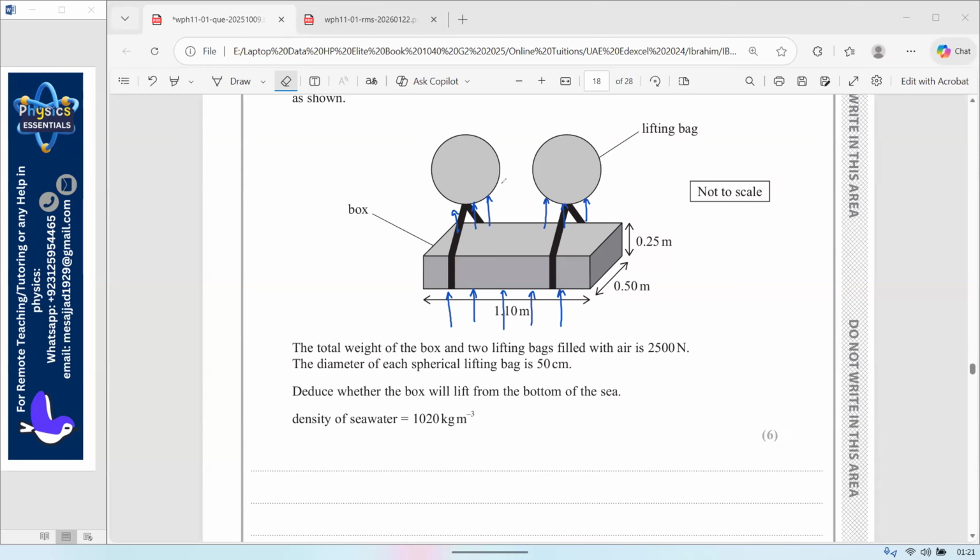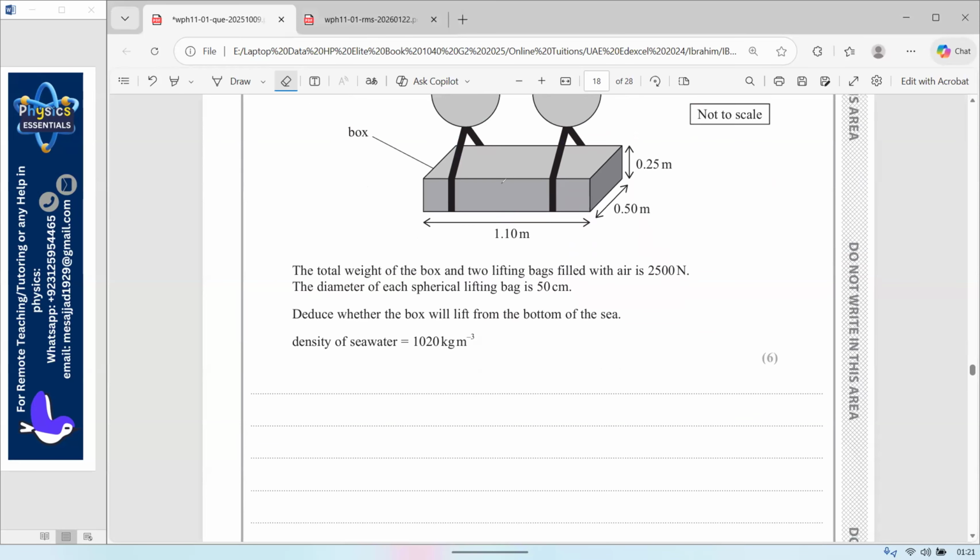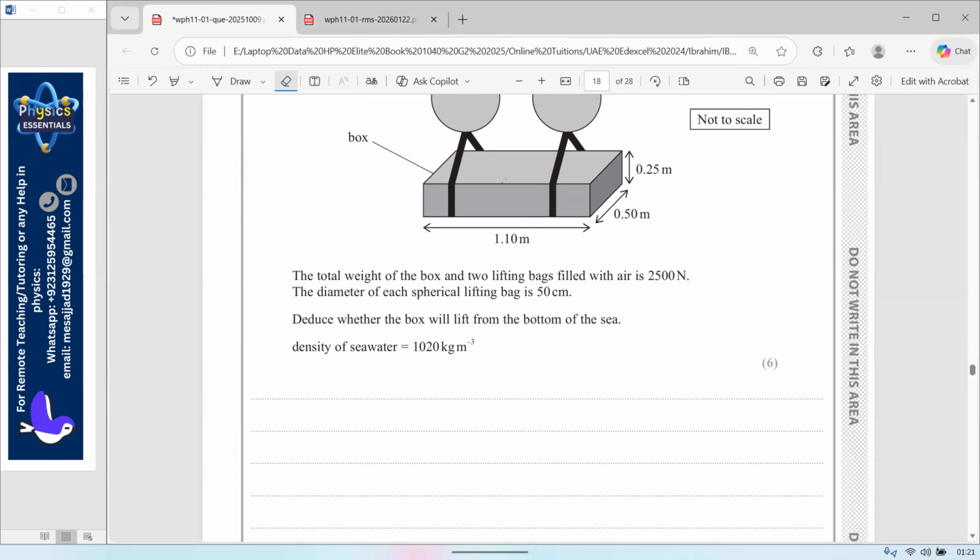They're saying deduce whether the box will be able to lift from the bottom of the sea. Assume that the object is being recovered from the sea, for example by geologists, and anyone says that the object is moving up.